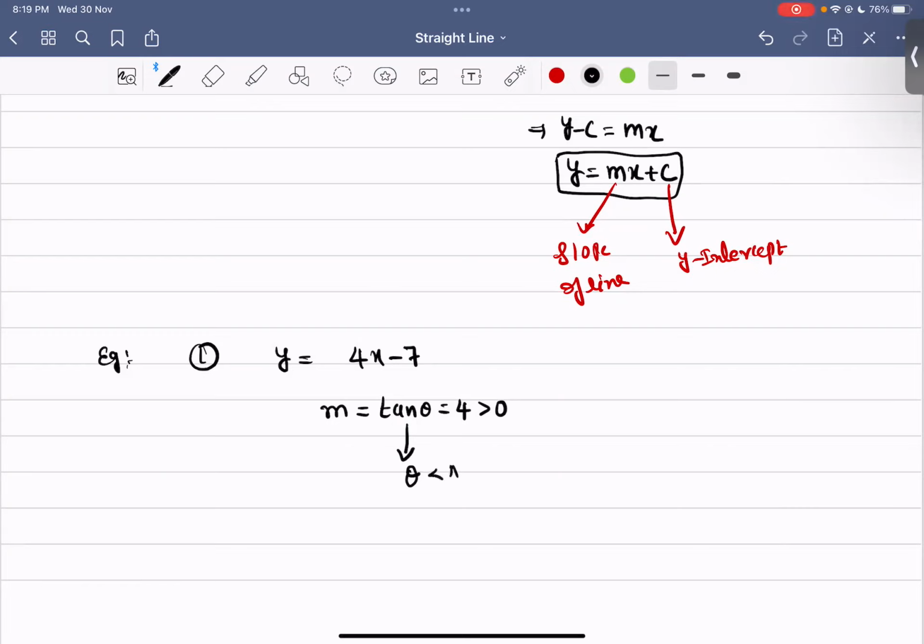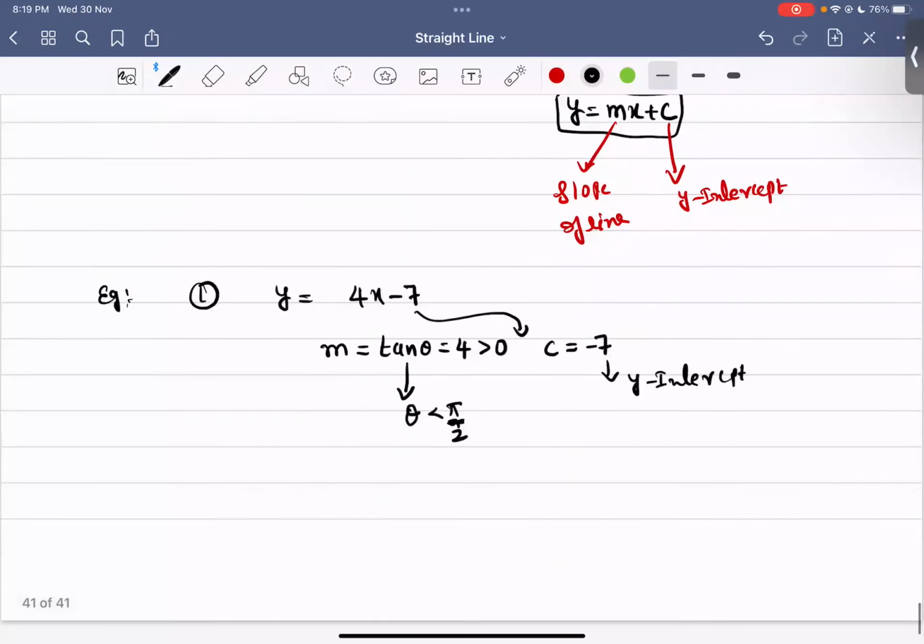So theta is less than pi by 2, therefore an acute angle. What is the y-intercept here? C is equal to minus 7. This is the y-intercept.